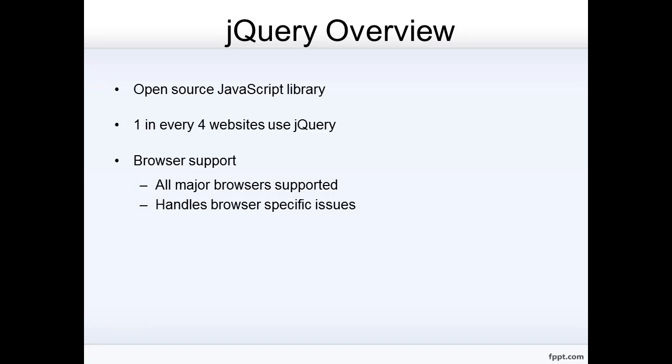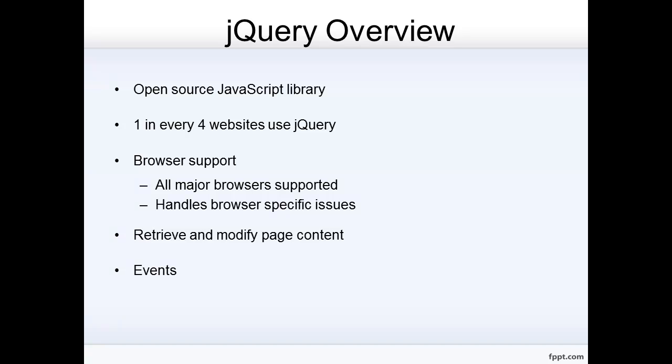Some other things that jQuery does is it can help you retrieve and modify page content. We're going to be seeing that a little later on in the class, where you target specific page elements, retrieve them, and then modify their content and their behavior. Another thing that jQuery helps you with is events. Events could be keyboard events, like when you press a key, you can have something happen on your web page.